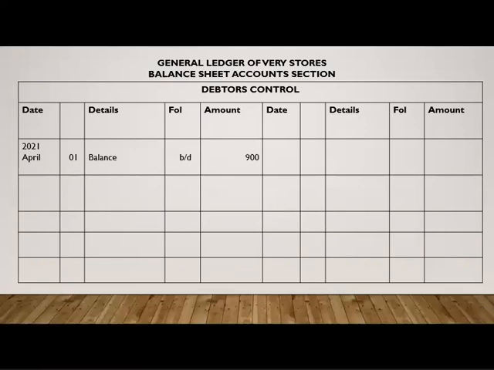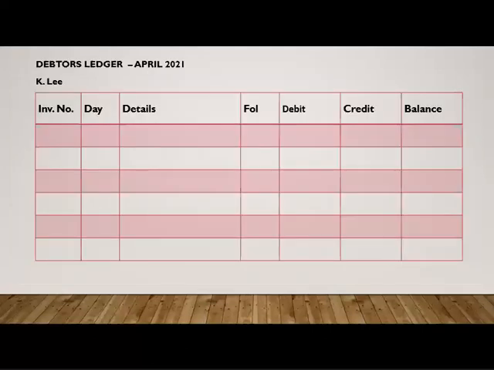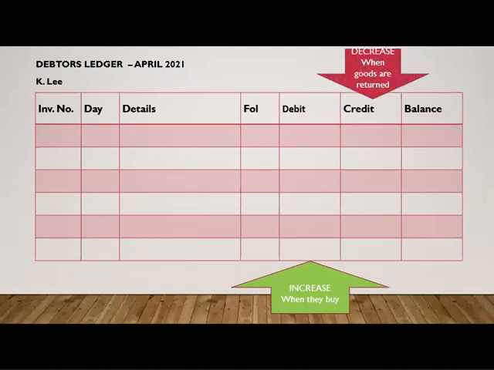Then we're going to go to the individual debtors ledgers of those two debtors. I will start with Kaylee. For Kaylee, I'll have invoice. In this case, under invoice I won't put anything, but I'll have the 1st of April 2021 balance at the beginning of the year, which is balance brought down, will simply be 400.